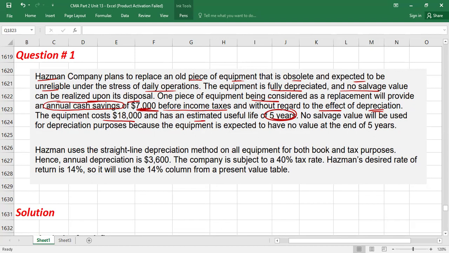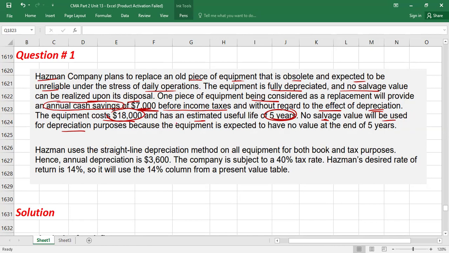So no salvage value will be used for depreciation purposes. Please remember, when we calculate depreciation, we always use the initial cost of the asset, which is 18,000 here. And usually we don't consider salvage value, because it is not accepted by tax authorities.